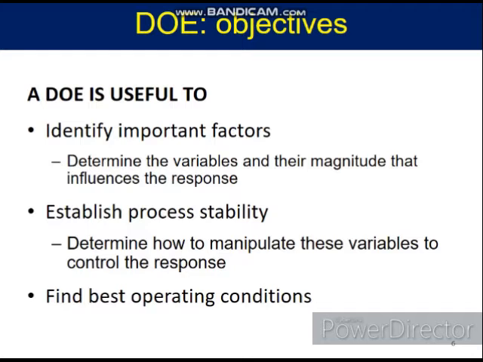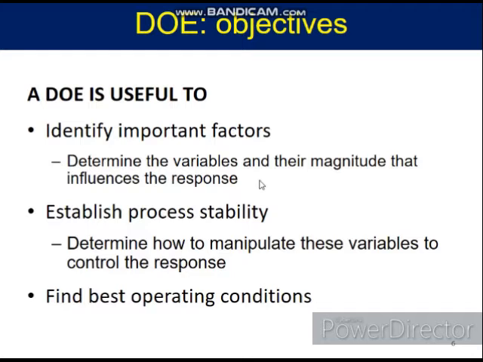One is to identify the important factors: determine the variables and their magnitude that influence the response. So it can tell you, let's say, if you evaluate several variables, for example in our case of baking a bread just now, we're talking about baking time, baking temperature, number of eggs, amount of flour.